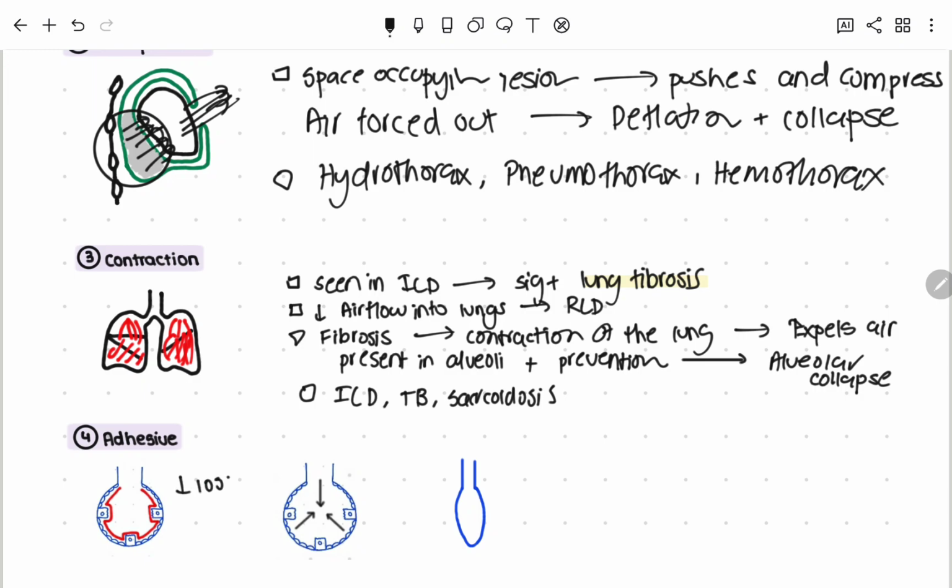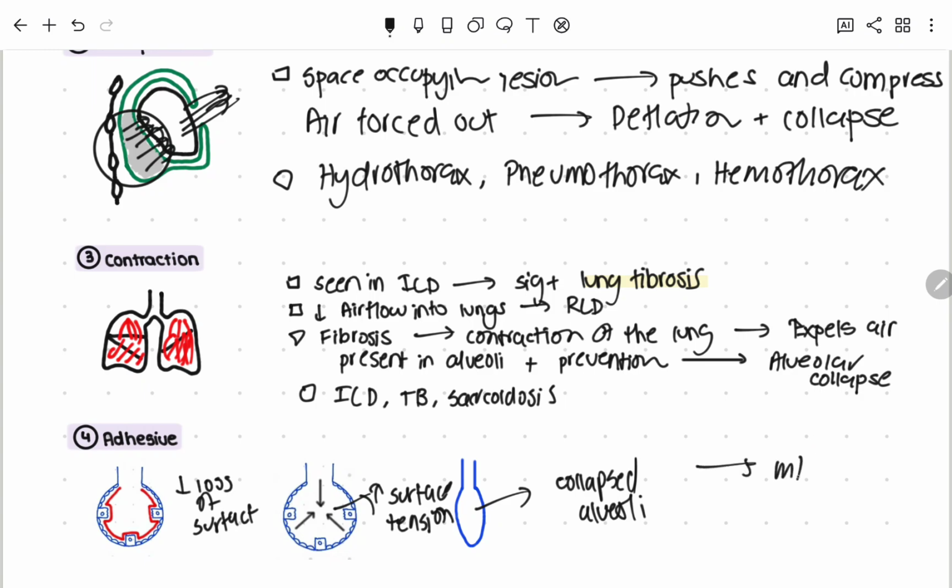So loss of surfactant results in increased surface tension, which as a result causes collapsed alveoli. And the most common cause of this is normally seen in acute respiratory distress syndrome. So atelectasis can also occur due to acute respiratory distress syndrome.